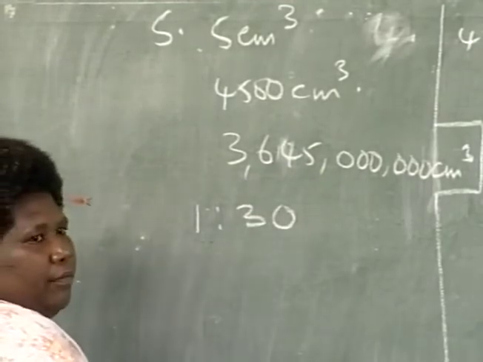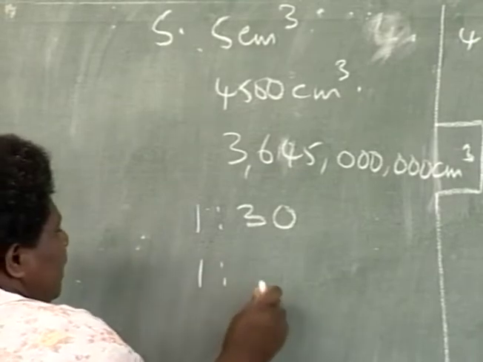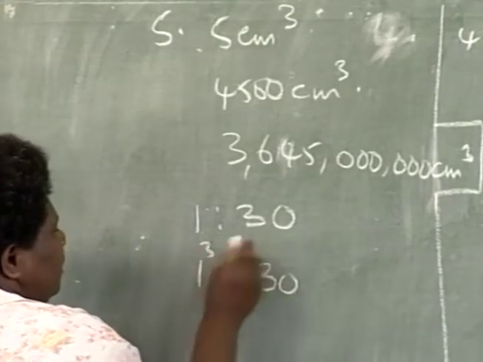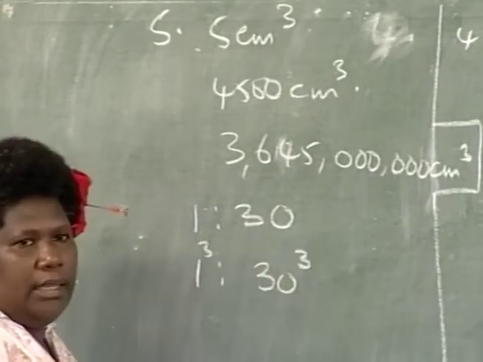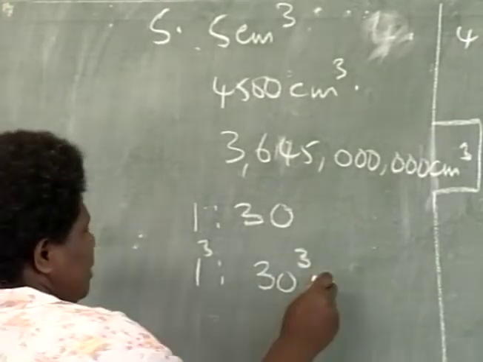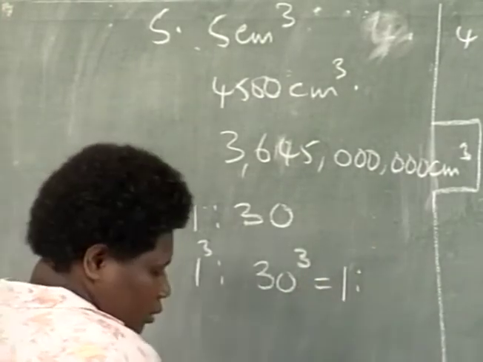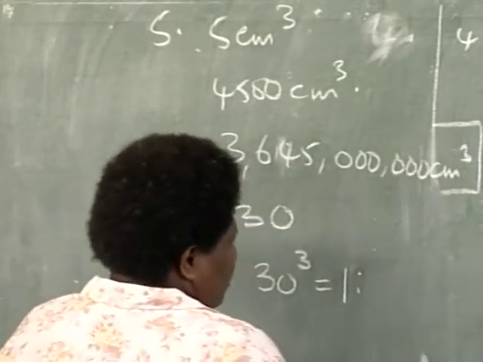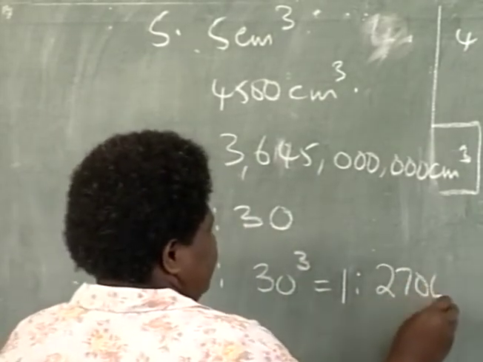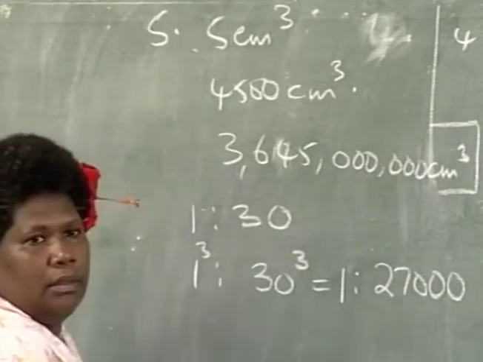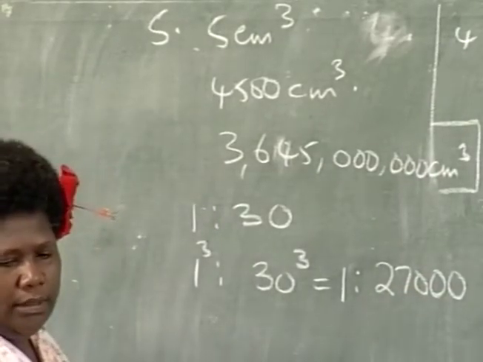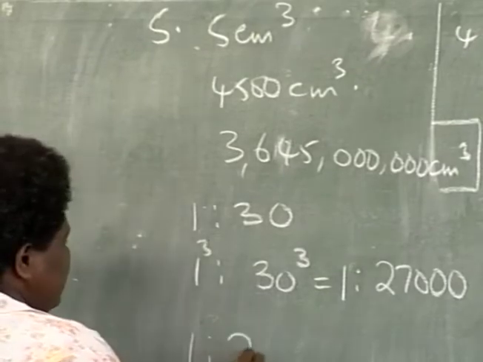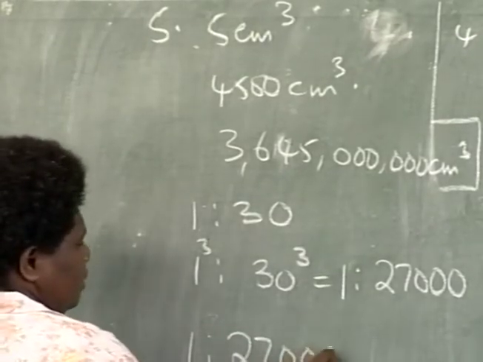Now, if it is talking about the volume, then if the linear scale is 1:30, the scale for the volume will have to be 1 cubed is to 30 cubed, which is 1:, what's 30 cubed? 27,000. Okay, so 1:27,000.